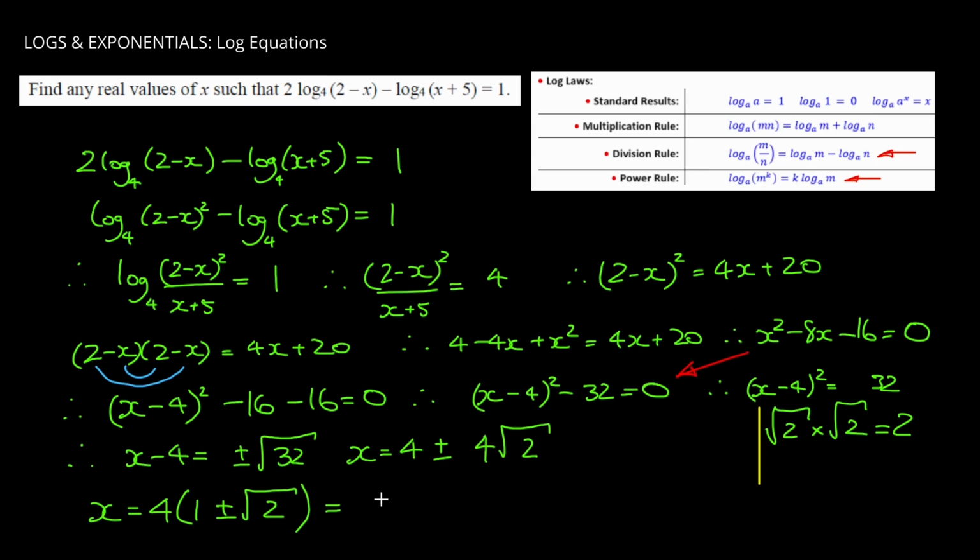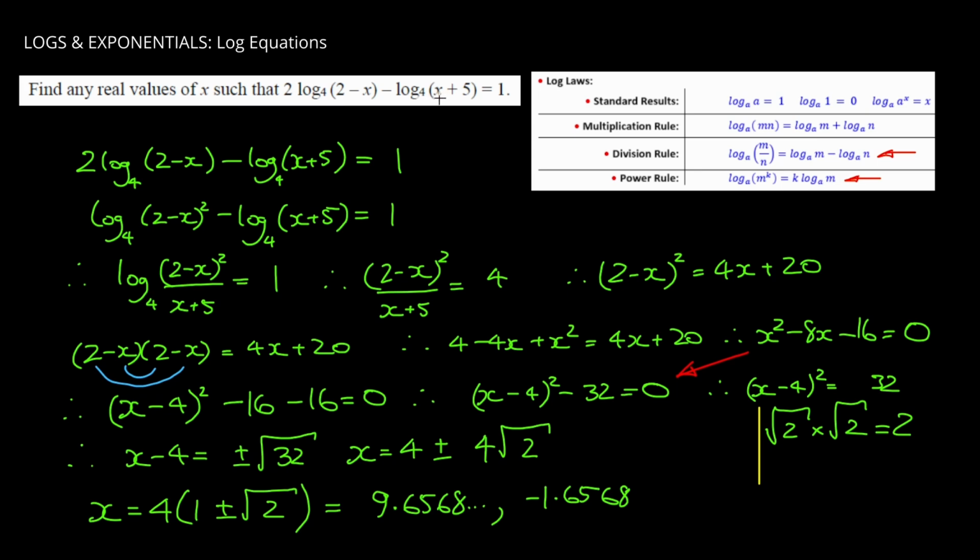And these are equal to, in decimal terms, the first one you get is 9.6568 and the other one, negative 1.6568.